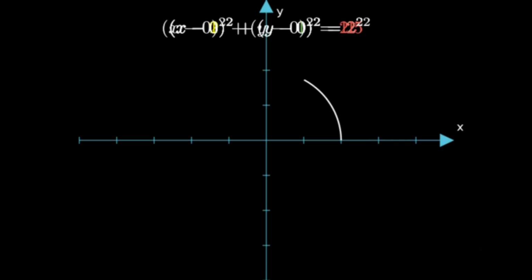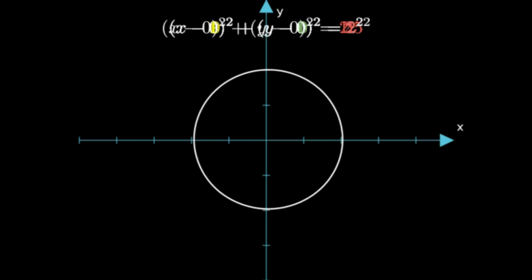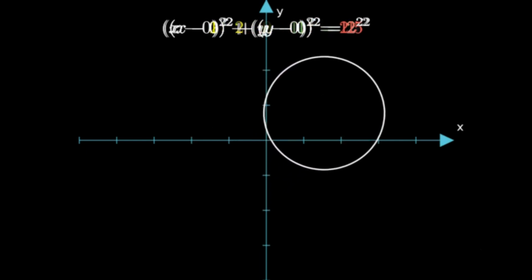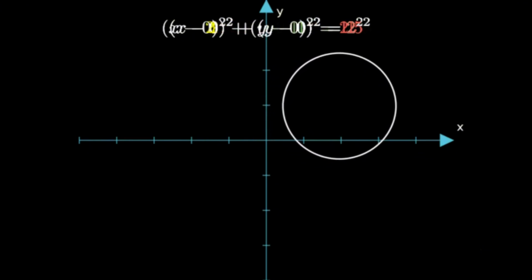Now that we understand how each parameter works individually, let's combine all 3 parameters to see how they interact to define a complete circle. We're starting with our original circle centered at the origin with radius 2. Now let's change all 3 parameters simultaneously to create a different circle. We'll set h to 2, moving the circle to the right, k to 1, moving the circle upward, and r to 1.5, adjusting the size.